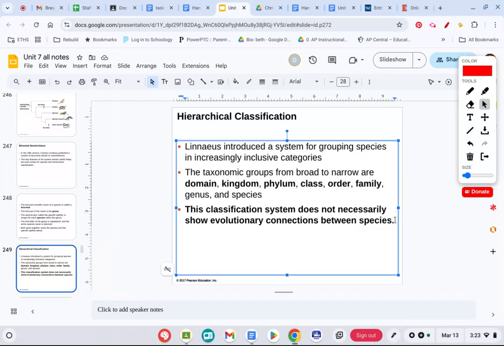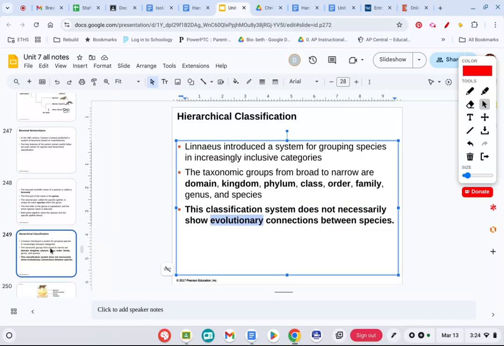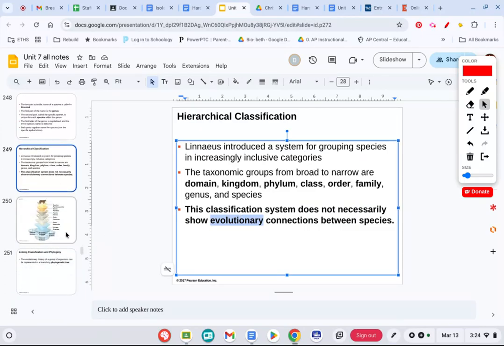This is only a way to classify how species are currently similar and different from each other. It doesn't show any evolutionary connections, and so that's why this is sometimes not considered the best way to do things, because we don't want to know how things are connected now. We want to know how things were, how they came to be the way they are, and how they are connected to other species in terms of their evolution.